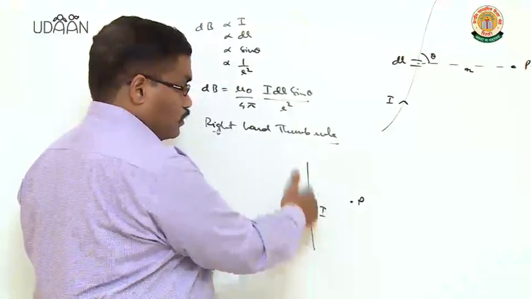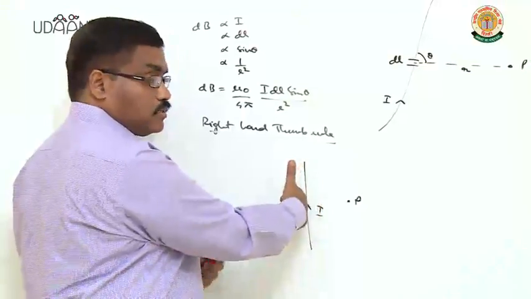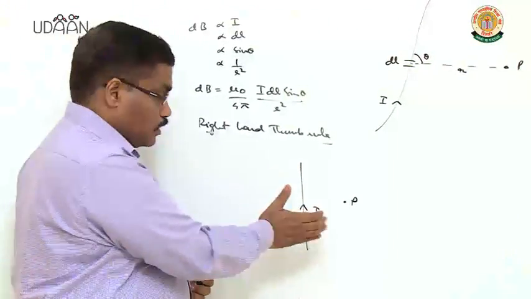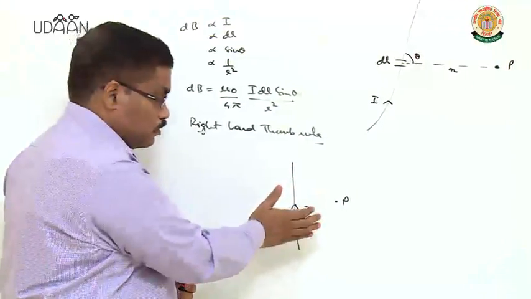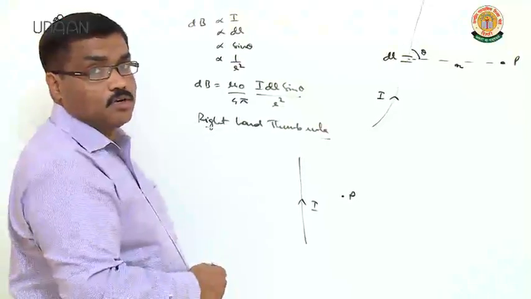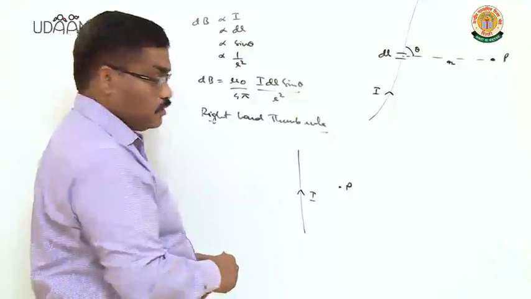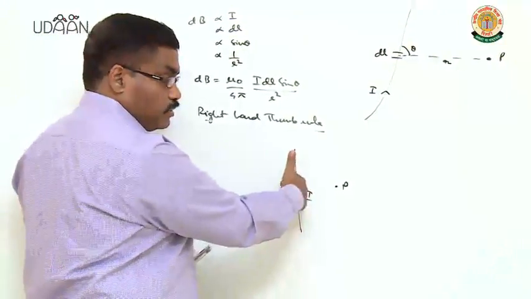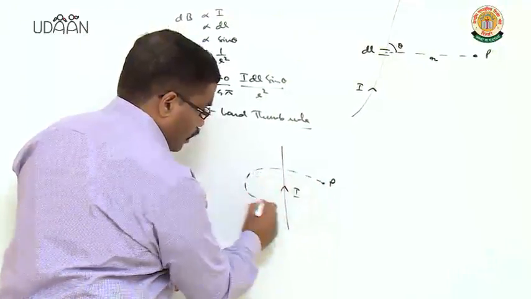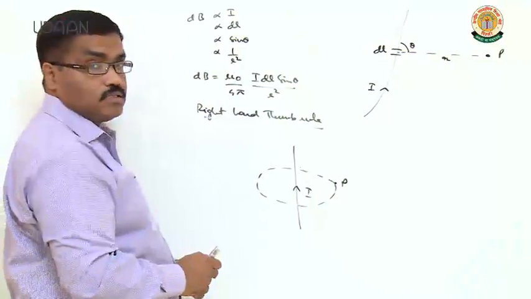Now we will be holding the conductor in such a way that your thumb is pointing along the direction of the current. Then the curl of the fingers, that means the way your fingers are being bent, gives you the direction of magnetic field lines. So if I hold the conductor in my hand, my curl of the fingers is like this. That means along this path I will have my magnetic field lines.